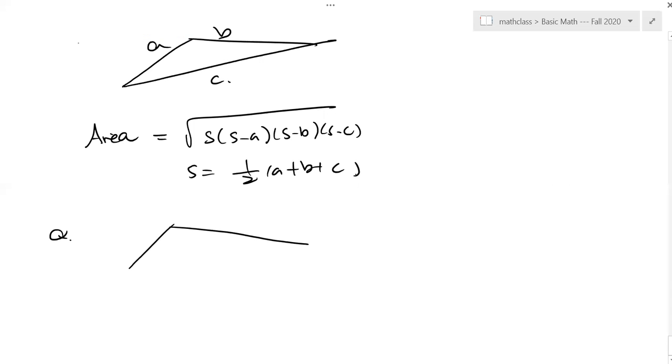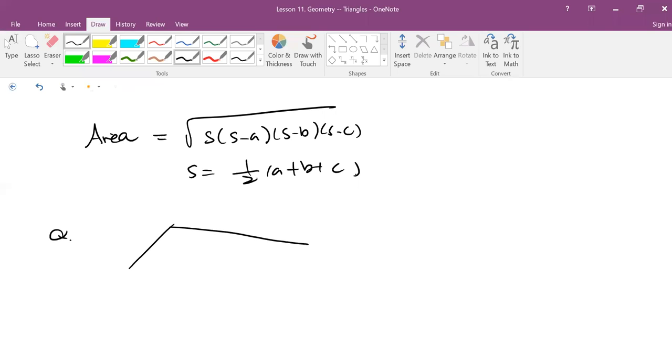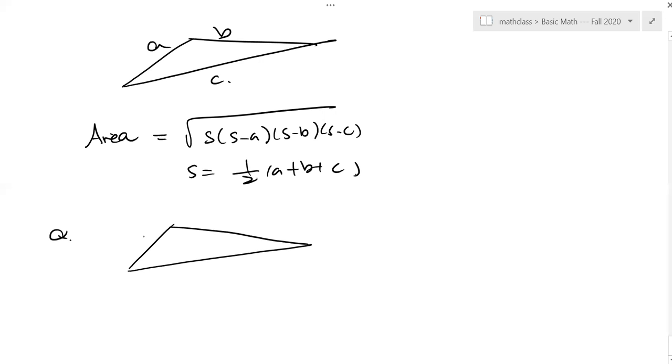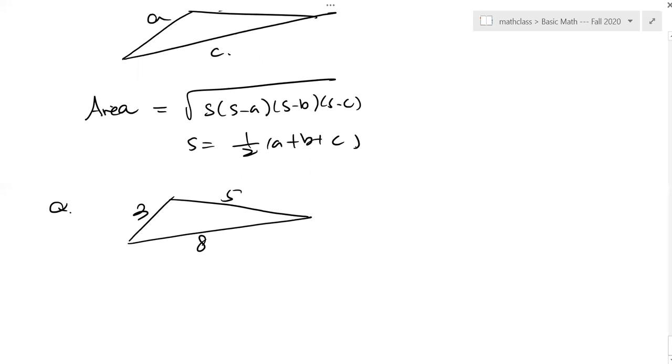Arbitrary triangle, we got 3, 5, 8. Is this a triangle? 5 plus 8 is greater than 3, but 3 plus 5 is not greater than 8. It's wrong, so I have to shorten this.